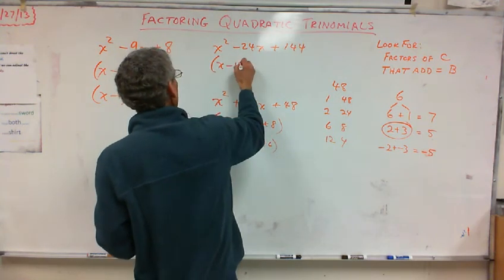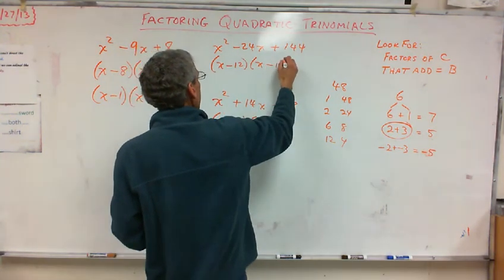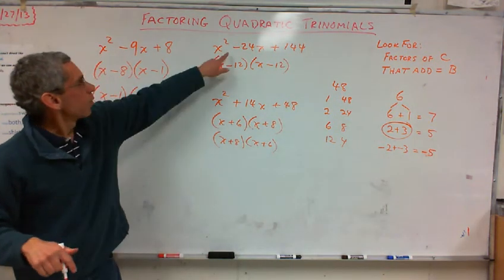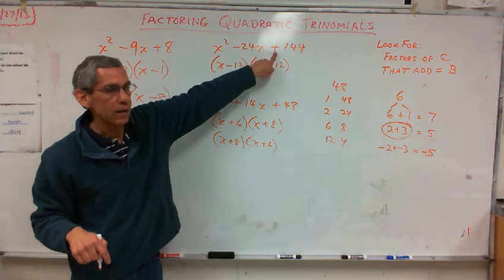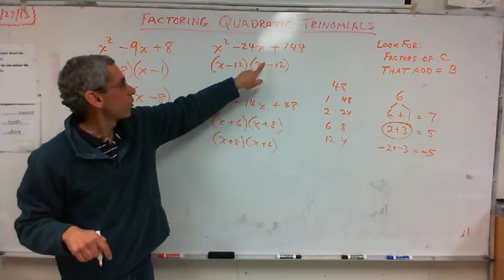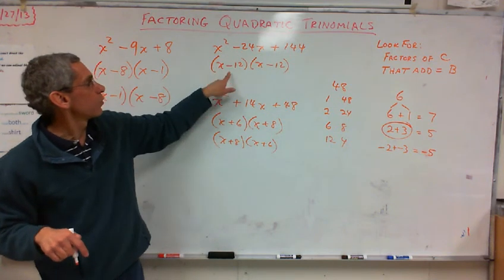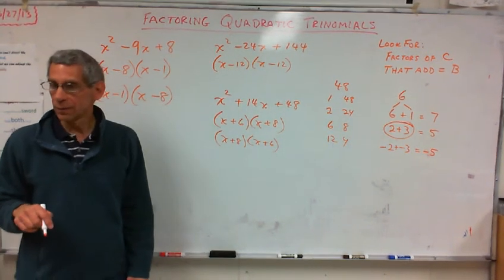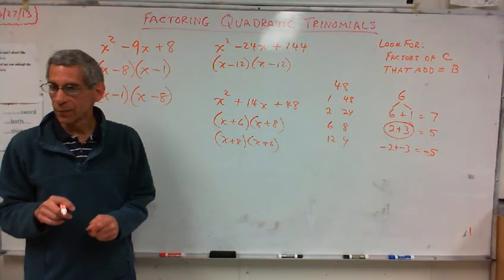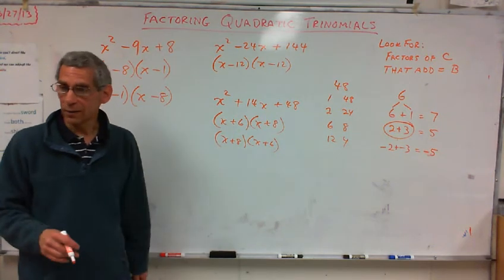Yes, x minus 12 times x minus 12. They're both the same sign, so they could be both pluses or both minuses, but that says they're both minuses. You don't even have to think about minuses. You can just do the factors and then see if there's a negative sign in front.